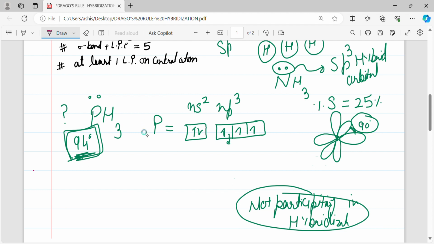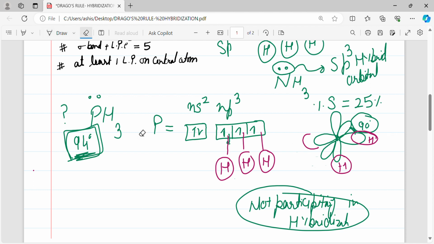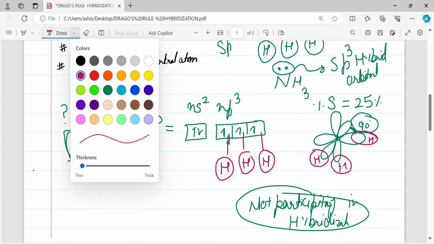We should not consider hybridization, because its bond angle is approximately similar to the angle between the p orbitals. It means the hydrogen atoms directly overlap with these three p orbitals.